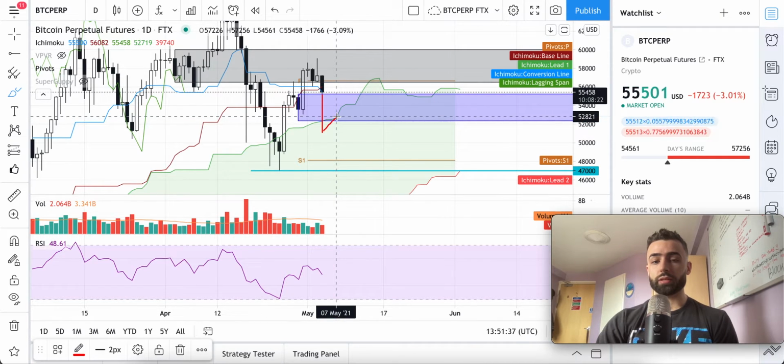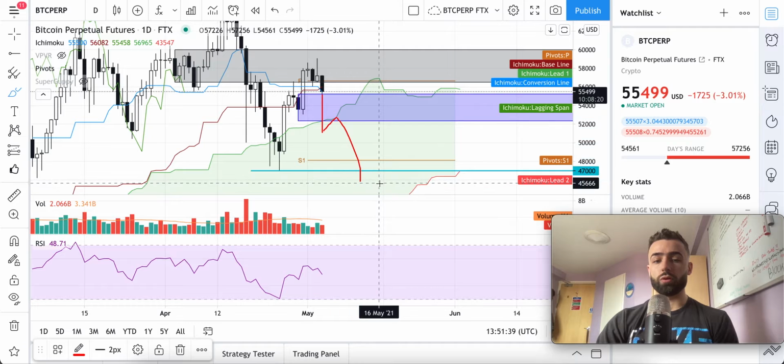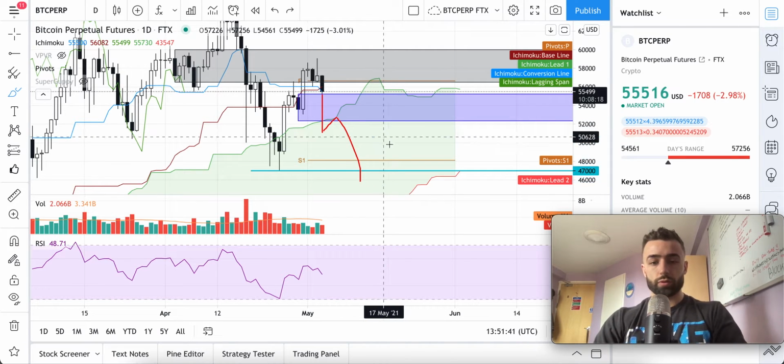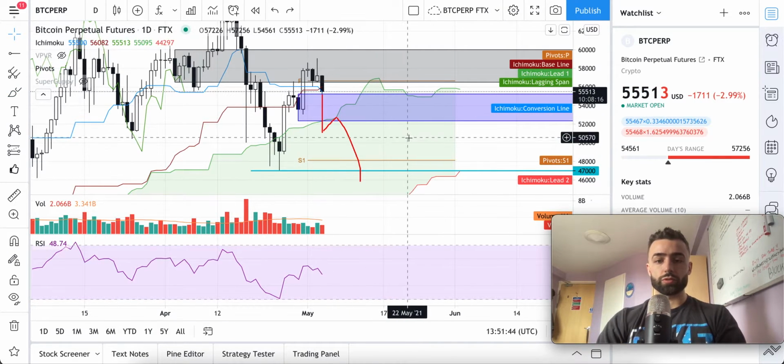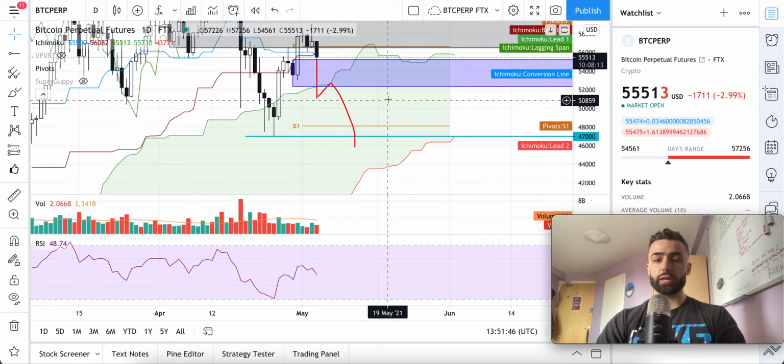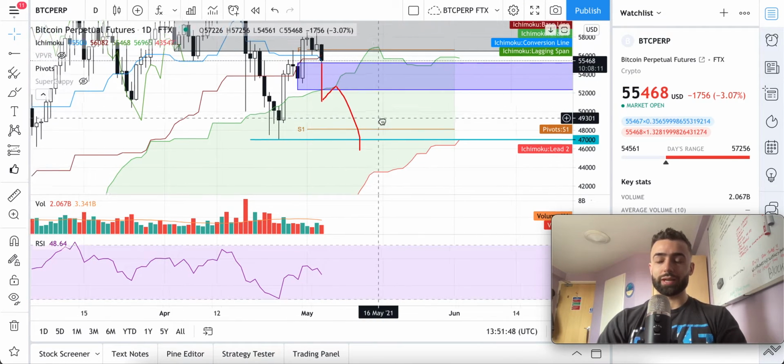And that likely will push us down below this blue line that we have here at 47K because of this Ichimoku cloud edge-to-edge trade.